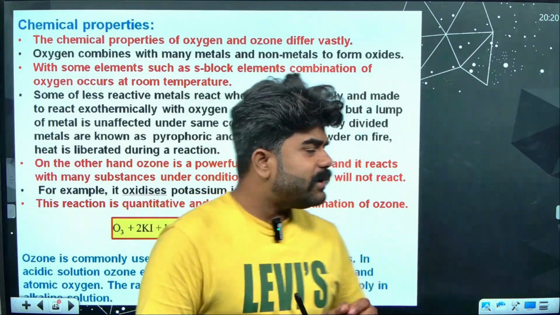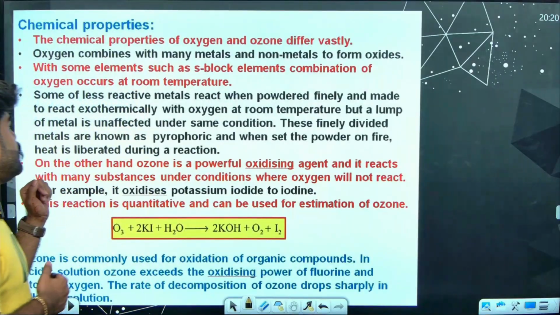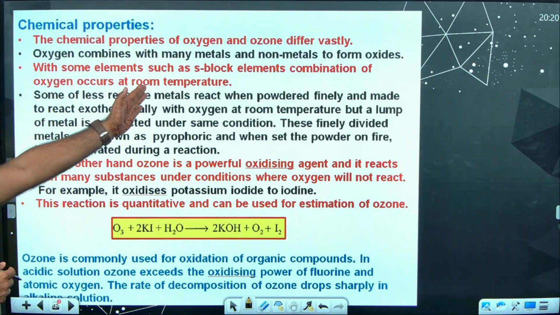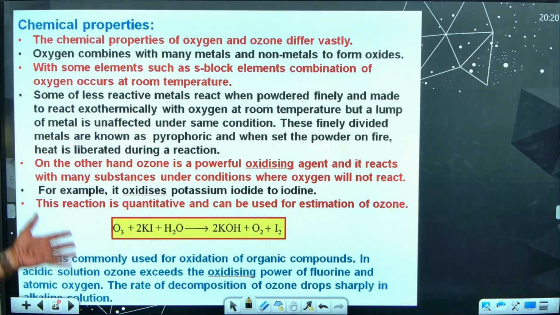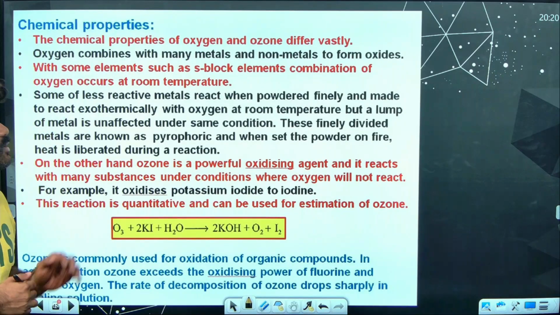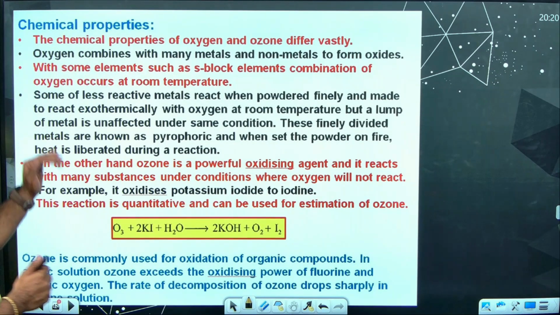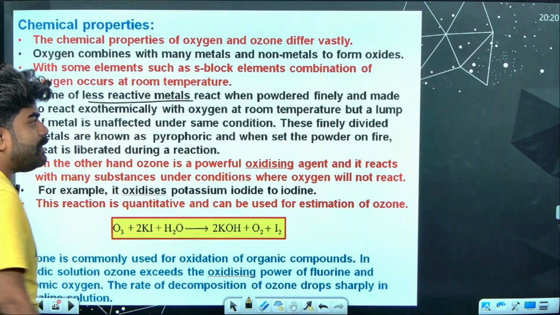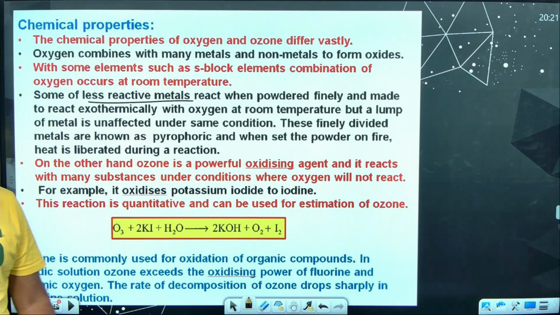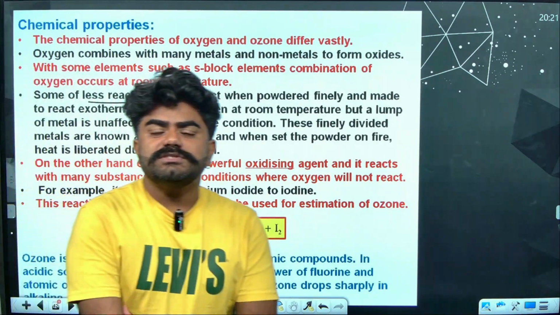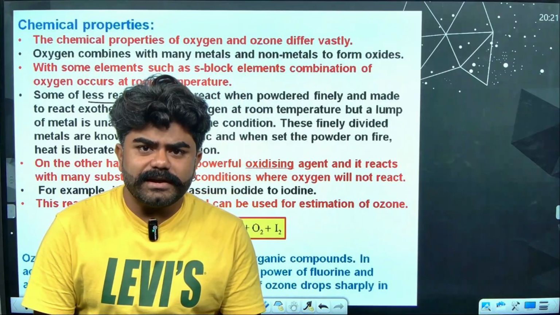All right. Then you see that when oxygen reacts with S block elements, that happens just at room temperature. But when oxygen reacts with less reactive metals, that does not take place at room temperature.